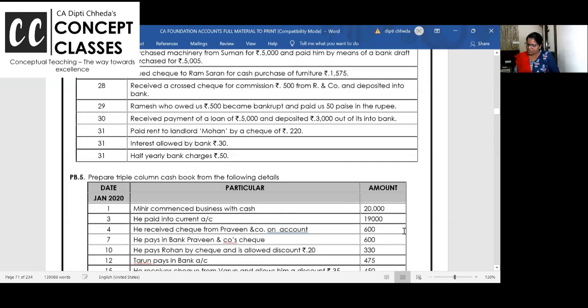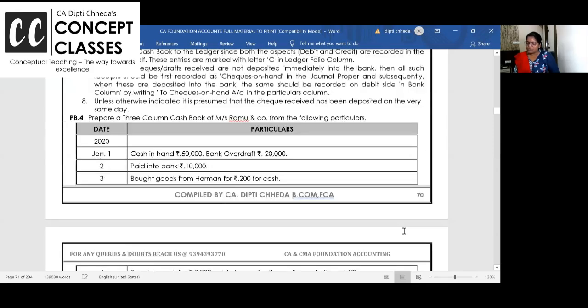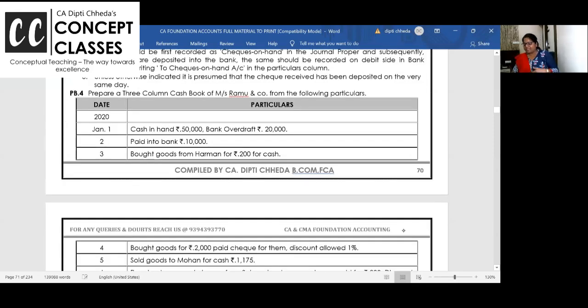Please tell me, I'll do that for you. Yeah, right now we'll take up this problem. It is a little big. Don't worry about so many transactions. You are practicing more. That's it. I've picked up this problem so that there is more practice.